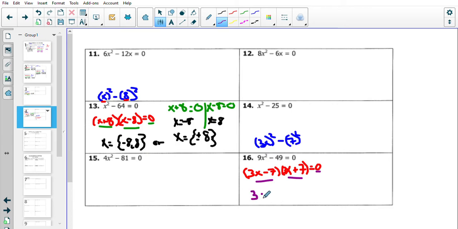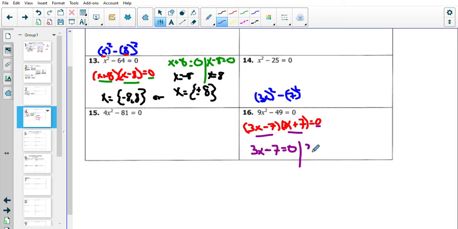So we're going to take both of our factors set equal to 0. So we have 3x minus 7 gives us 0, and 3x plus 7 gives us 0. Okay? So we're going to solve each one. Again, it's a two-step equation now. So remember, with two-step, you always want to get rid of your addition or subtraction first. So in the first one, we need to add 7 on both sides.